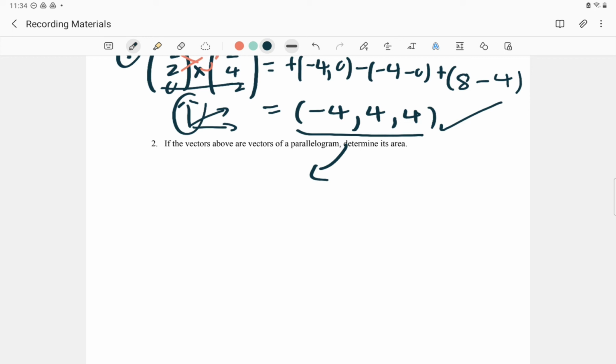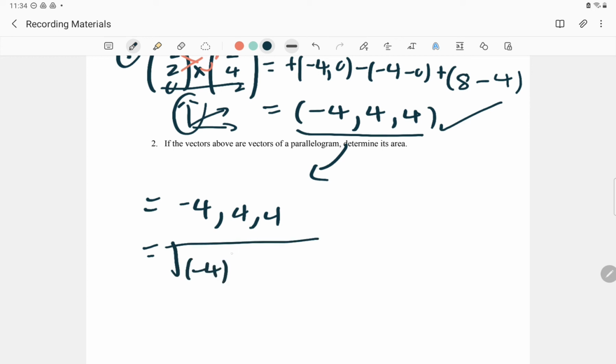So using this as an example, the answer would be negative 4, 4, 4, and the magnitude equation would involve the square root of negative 4 squared plus 4 squared plus 4 squared, which gives us square root of 48 unit square.